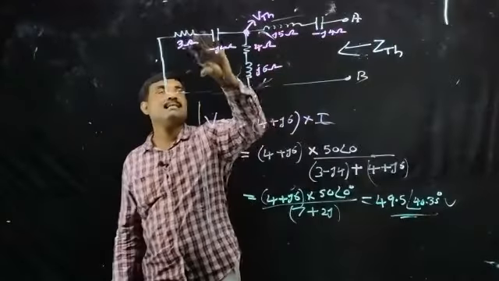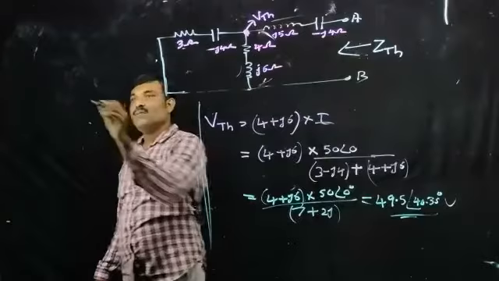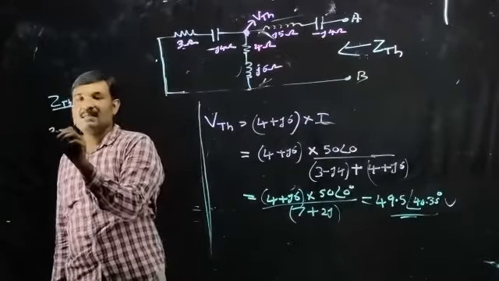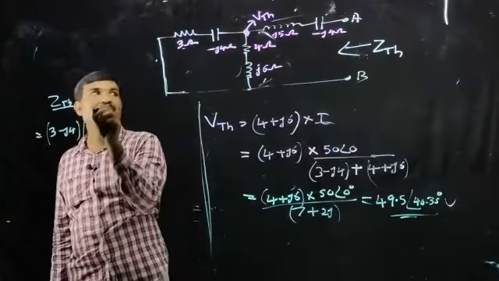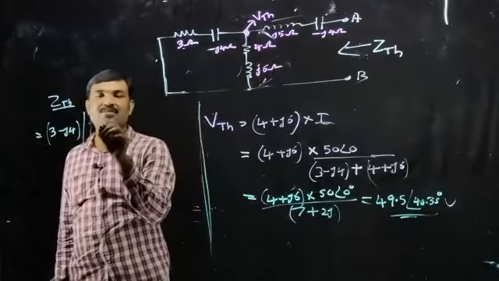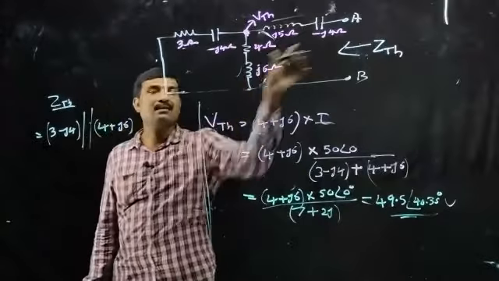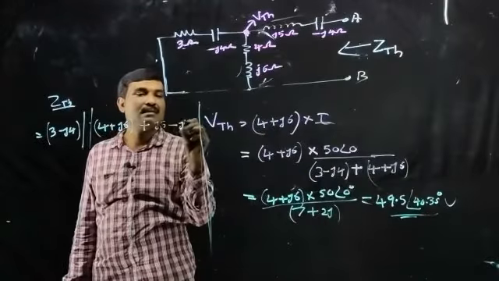So this branch is in parallel with this branch, that is in series with this branch, right? So we can write ZTH is equal to this impedance 3 minus J4, that is in parallel with this branch, that is 4 plus J6, in series with this, that is J5 minus J4.